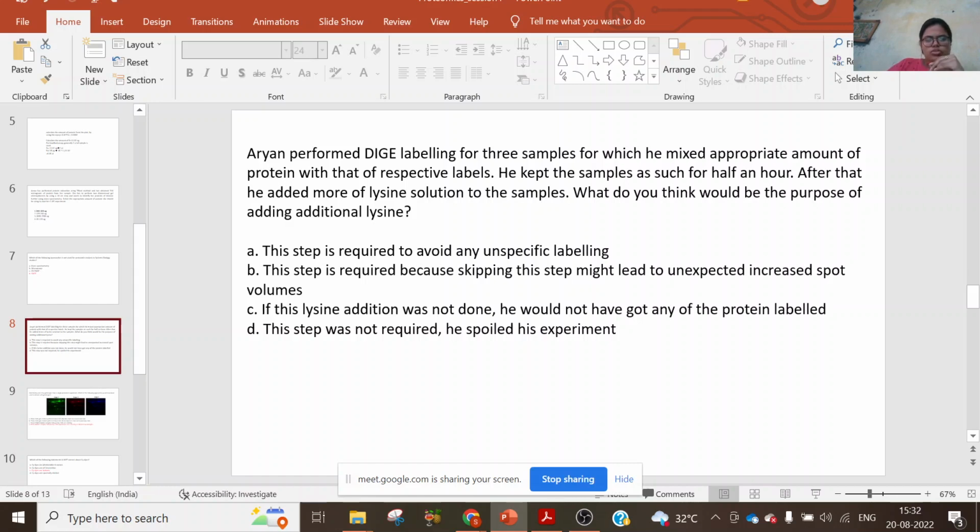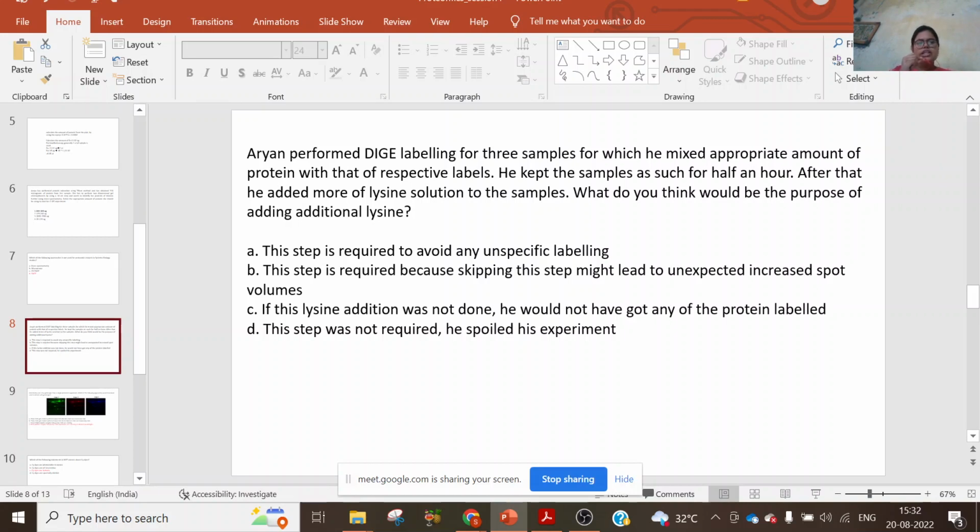Aryan performed DIGE labeling for 3 samples, for which he mixed an appropriate amount of protein with the respective labels. He kept the samples as such for half an hour. After that, he added more lysine solution to the sample. What would be the purpose of adding additional lysine?